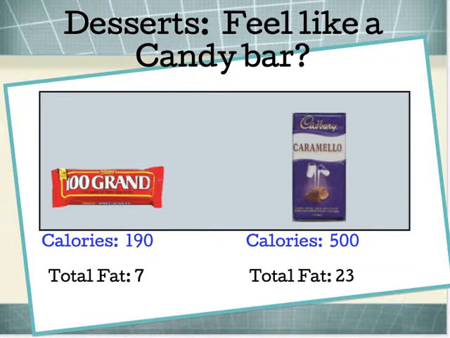If you're talking about a candy bar, same type of thing. You're talking about 100 Grand, which these are delicious. I like those, but I also like the Caramello, which is basically like your caramel chocolate candy bar. Again, a huge, huge difference in calories and total fat.